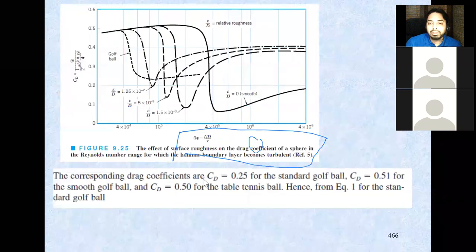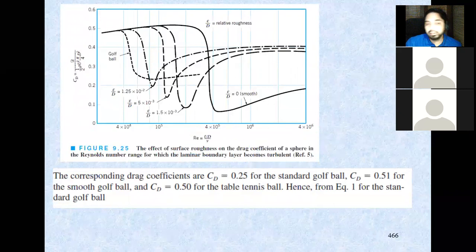Whether the golf ball is standard or smooth, it will still have the same Reynolds number in our case. And then if we try to find the drag coefficient, remember this drag coefficient already combines the friction and the pressure drag.